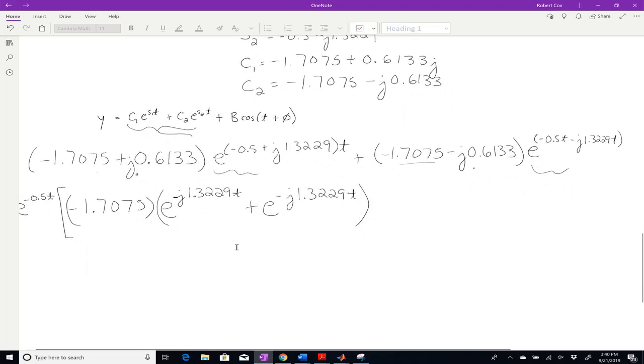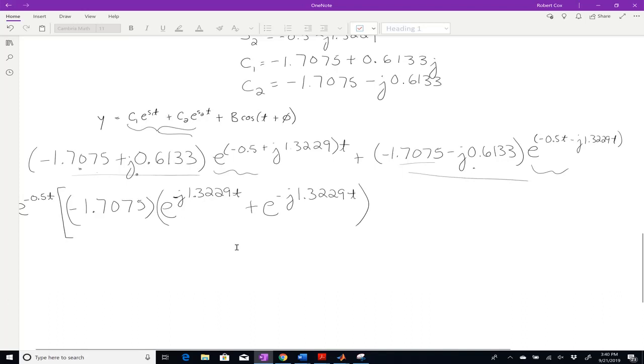All right, you see what I did there? Basically, I took the terms with the negative 1.7075 in both this term and this term and grouped them together. Now I'm going to do the same thing with that 0.6133.